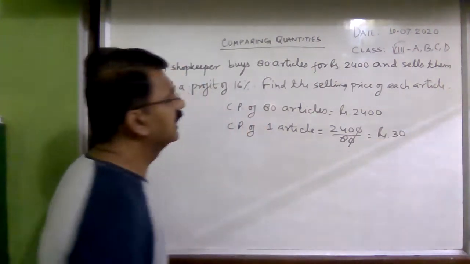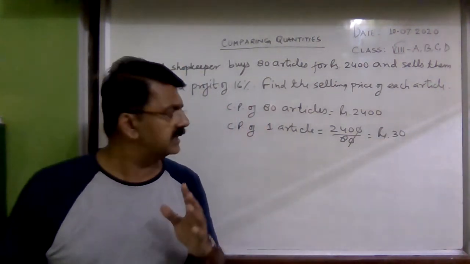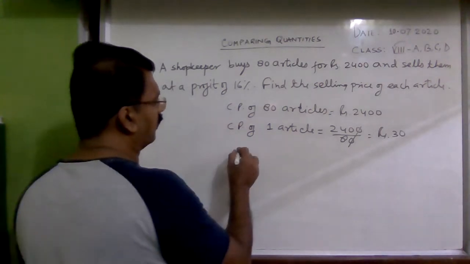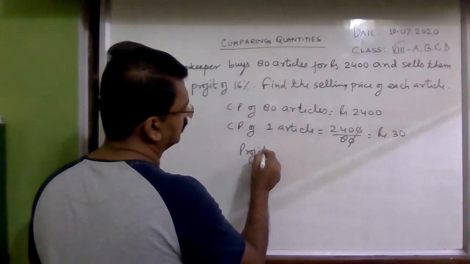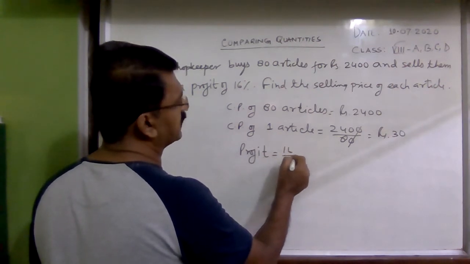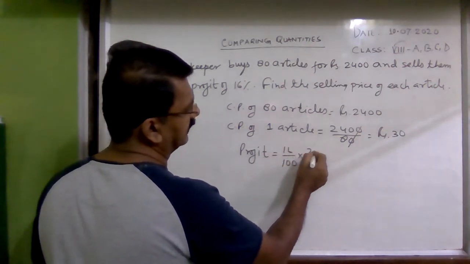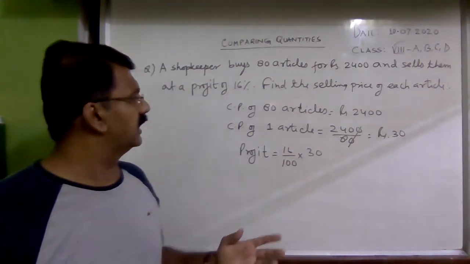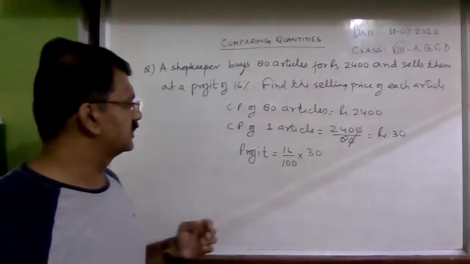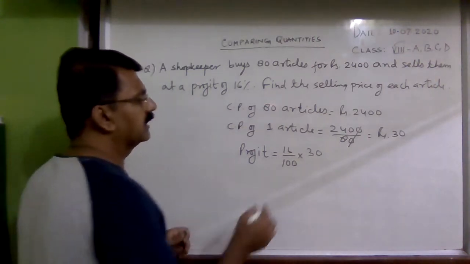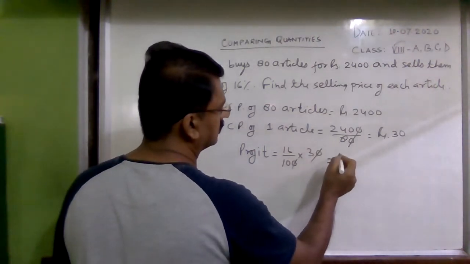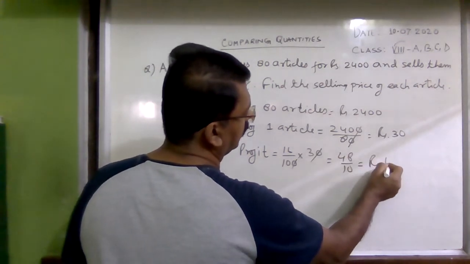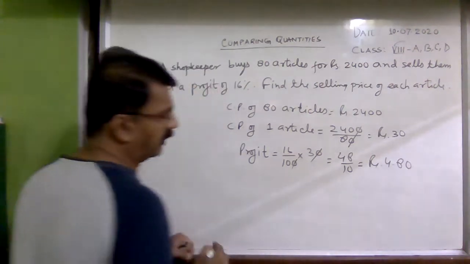So you can see CP of one article is rupees 30. Now the profit percent is 16. So profit is equal to 16% of 30. Because you know that profit and loss are always calculated on the cost price. So 16% of 30. Now rupees 4.80 is the profit.